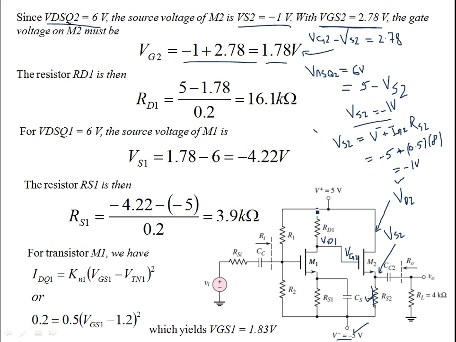So the potential difference across this resistor, remember that we are after these resistances. We have determined RS2 at 8K. Now we need RD1, RS1, and then the voltage divider R1 and R2. So let's find out what RD1 is.